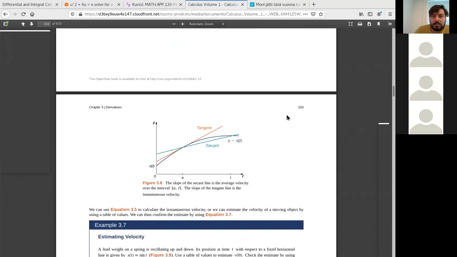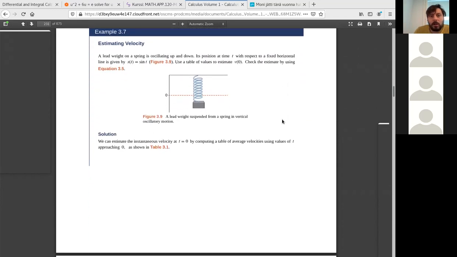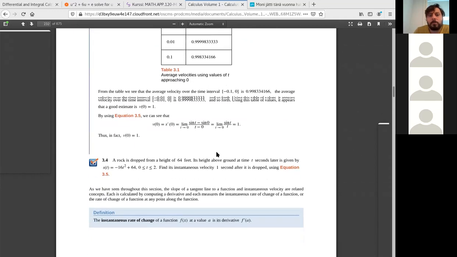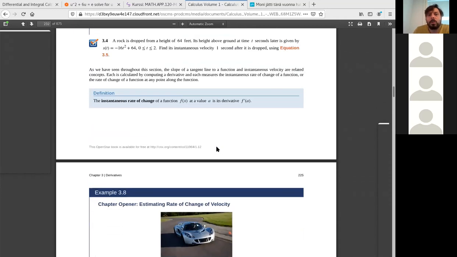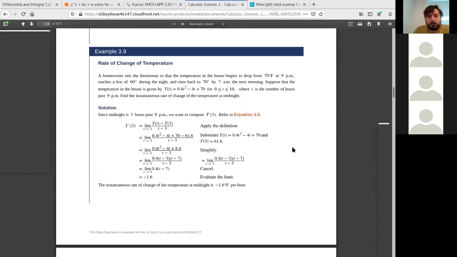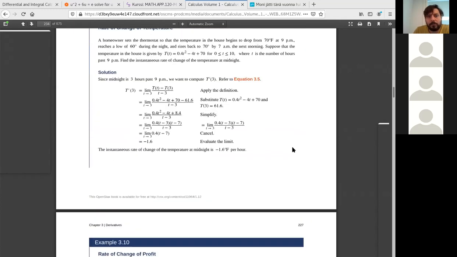And this is something new here. Here were also some estimation procedures. I would rather not do those here. We'll return to this when we talk about differential equations a little bit later. So here was the rate of change of temperature.